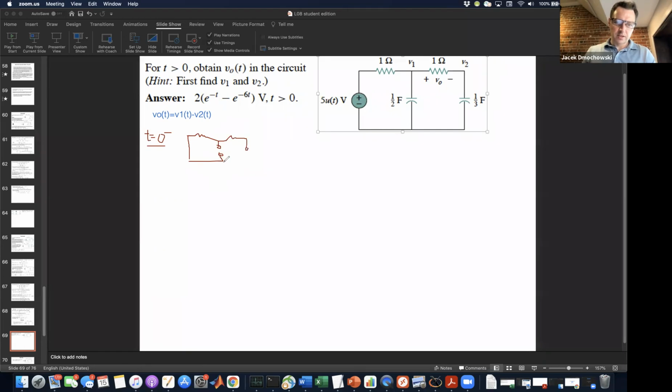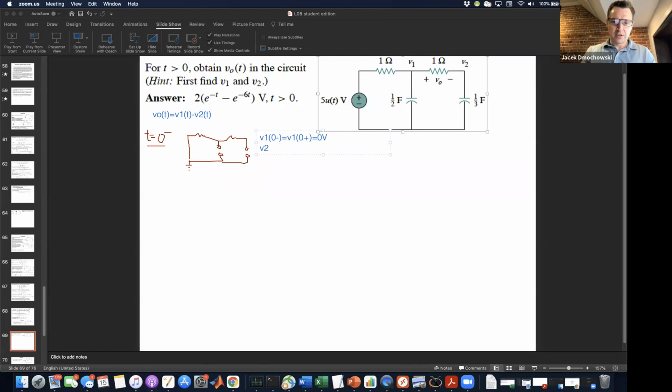So I'm doing a messy job here drawing it. But the important thing is to note that this is ground, so this is 0 volts. And there's no current anywhere. There's not a complete path for the current to flow. And therefore, we know that V1 of 0 minus is equal to V1 of 0 plus is equal to 0 volts.